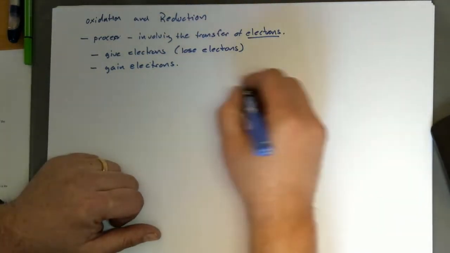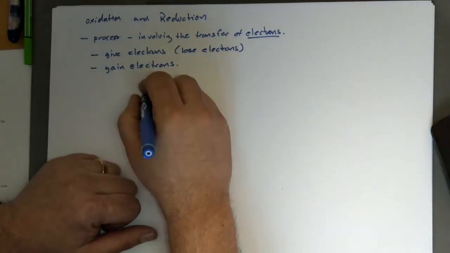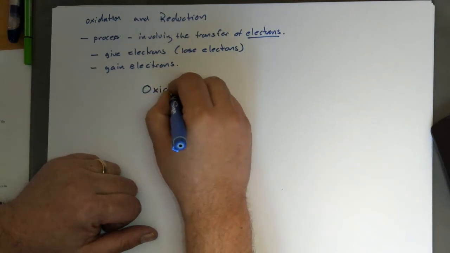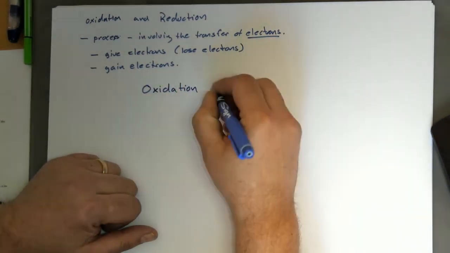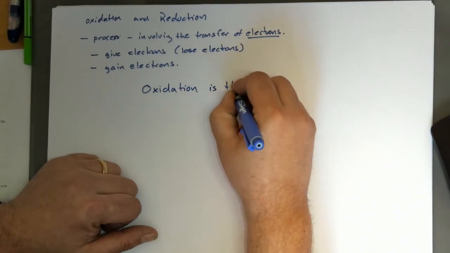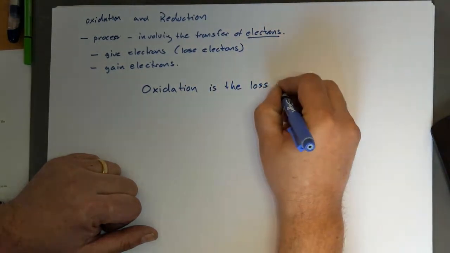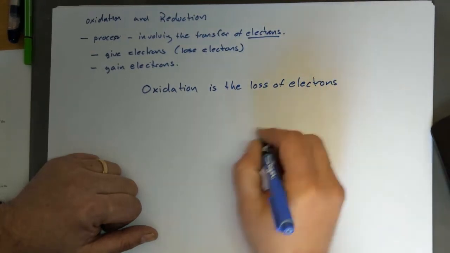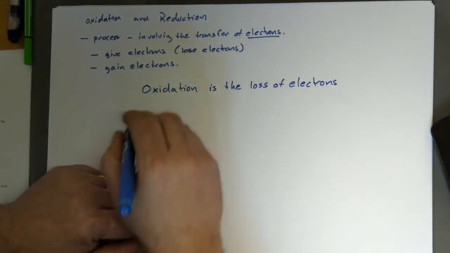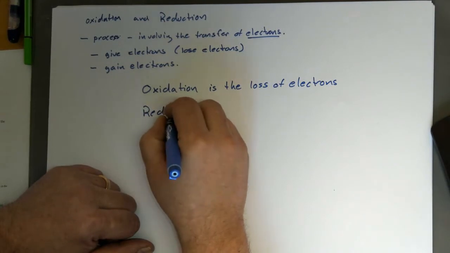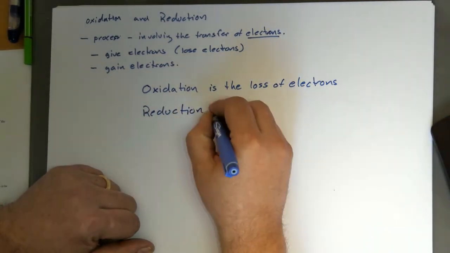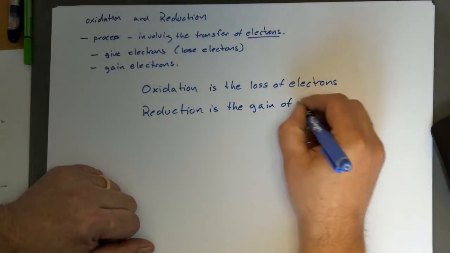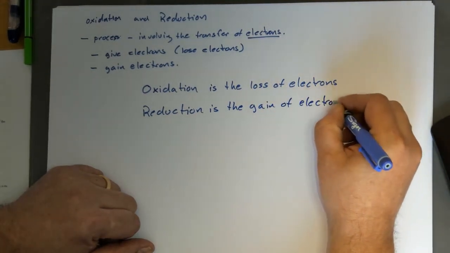And so the process that we're talking about, in this process, oxidation is the loss of electrons. And reduction is the gain of electrons.